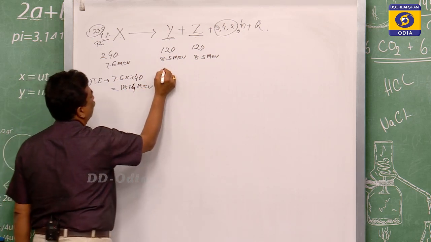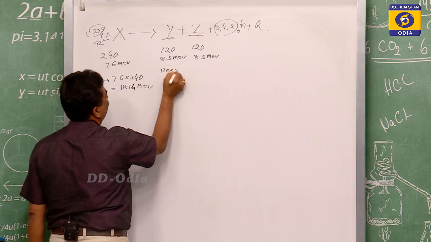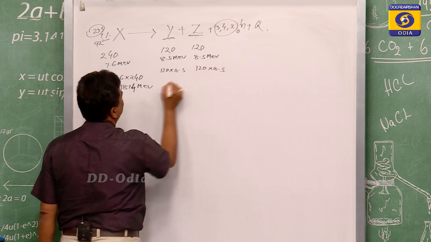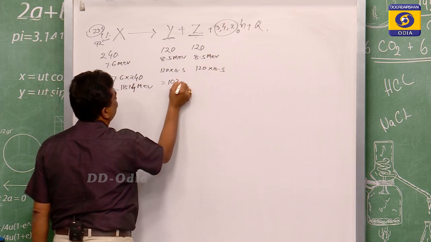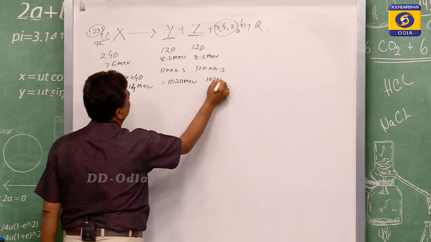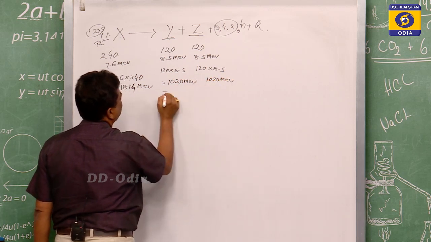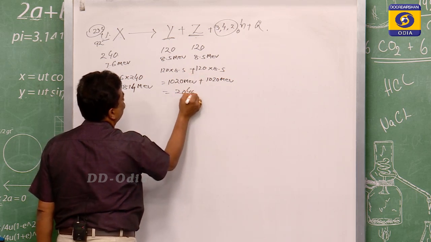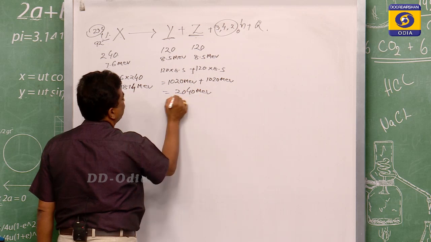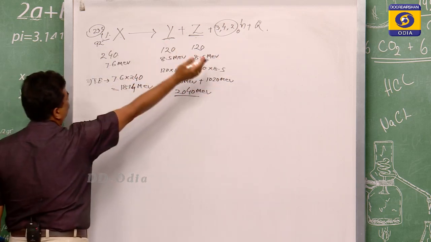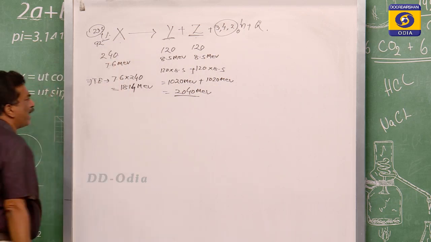And 120 into 8.5, and again 120 into 8.5, gives 1020 MeV each. When these two are added, that gives 2040 MeV. This 2040 MeV is on the product side, the daughter nuclei, and this is the parent nucleus.